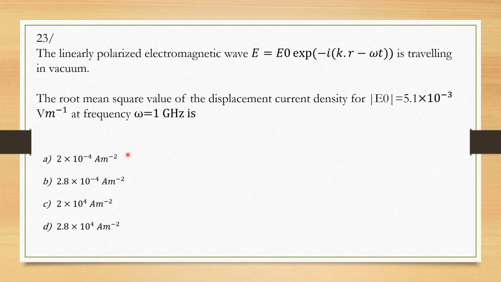And the options are 2 into 10 to the power minus 4 ampere per meter squared, 2.8 into 10 to the power minus 4 ampere per meter squared, 2 into 10 to the power 4 ampere per meter squared, and 2.8 into 10 to the power 4 ampere per meter squared.